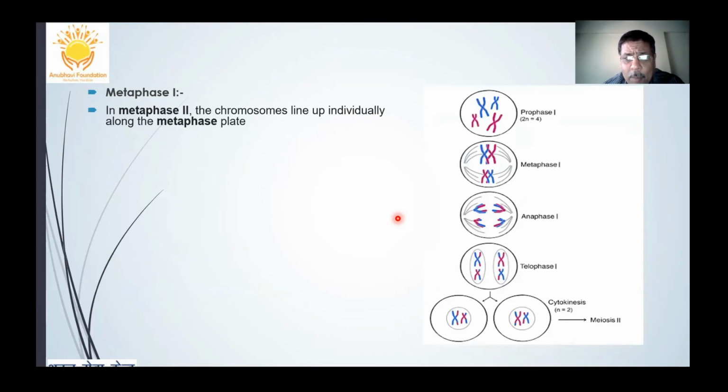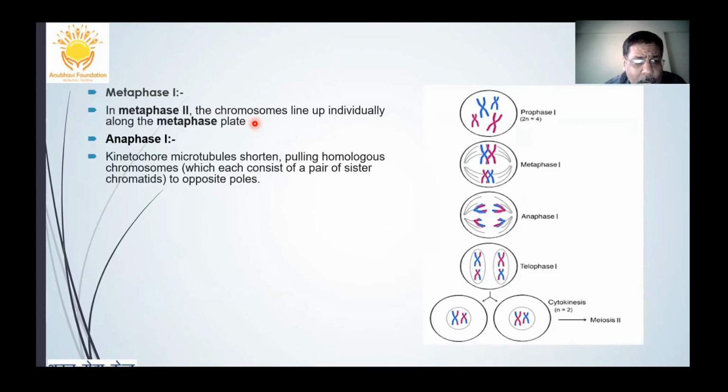Then after prophase 1 comes metaphase 1. The same things will occur in metaphase 1. The chromosomes line up individually along the metaphase plate. Then in anaphase, the kinetochore microtubules shorten, which were produced because of the centrioles, and which are the spindle fibers, and they will pull the whole chromosome along with both the sister chromatids towards the opposite poles.